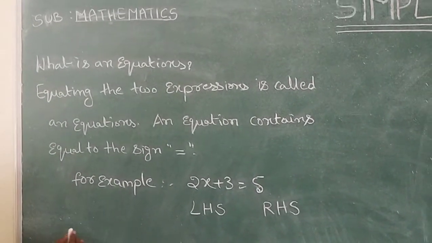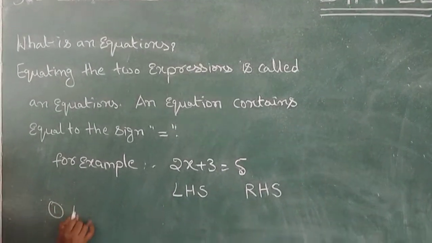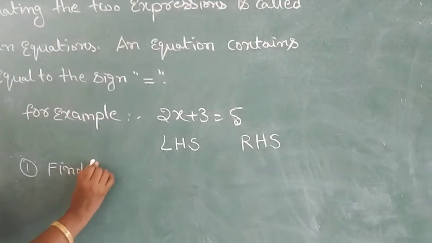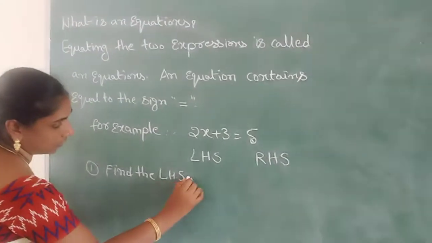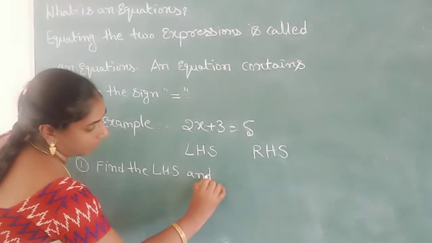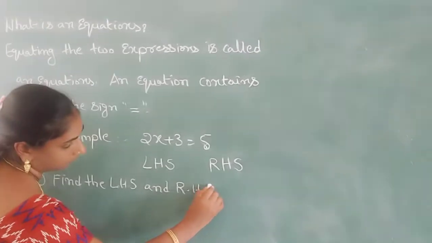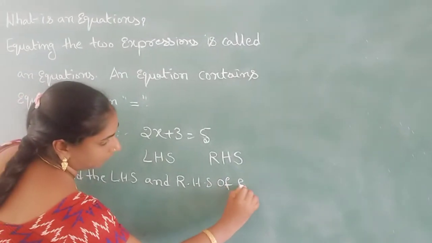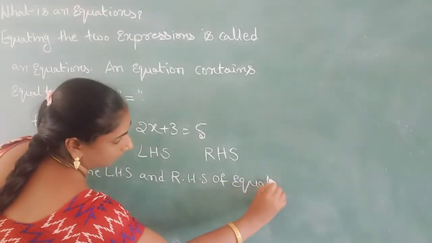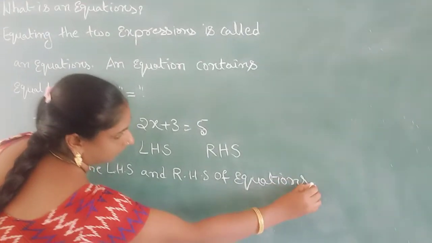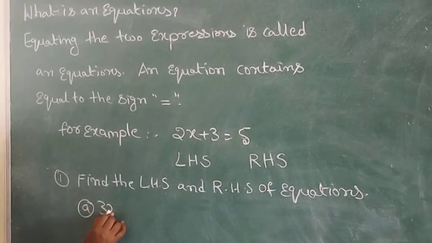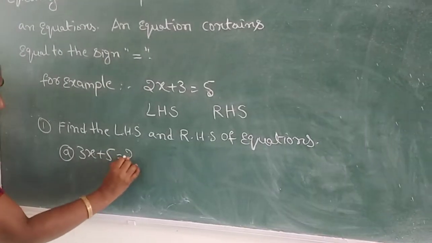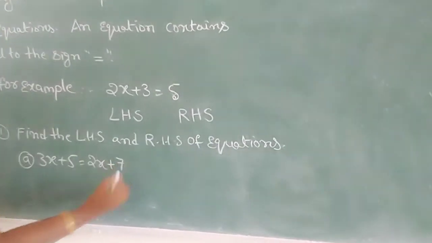For example, find the LHS and RHS of the equation 3x plus 5 is equal to 2x plus 7.